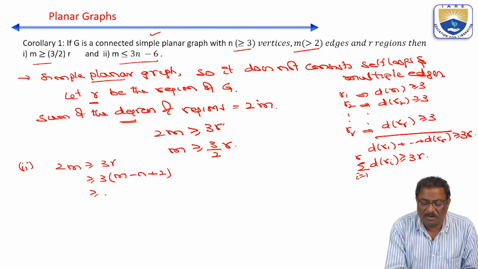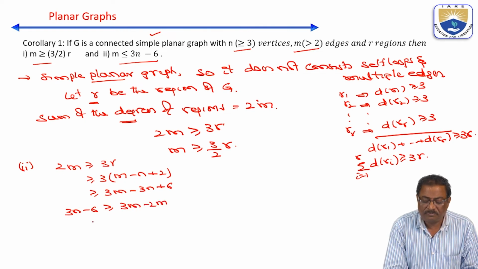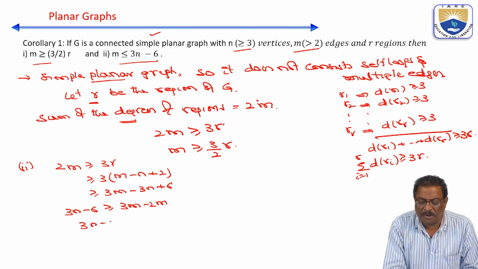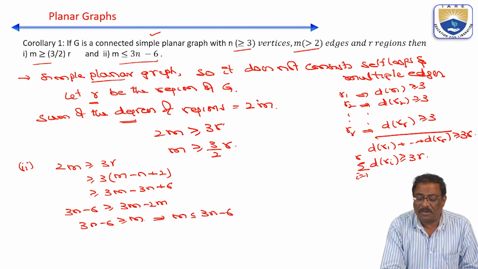So which is nothing but 3m minus 3n plus 6. Then this will become 3n minus 6 is greater than or equal to 3m minus 2m. So it is 3n minus 6 is greater than or equal to m. Or we can say that m is less than or equal to 3n minus 6.